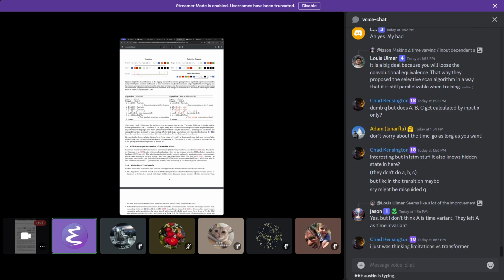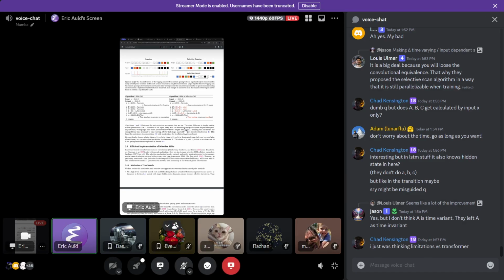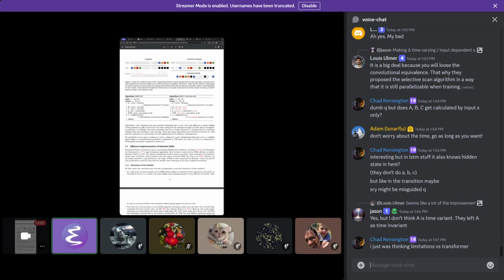So the time variance can be seen from this parameter L here. In B and C, we've got this parameter L that's coming along, which means that the B at each time step can change. As we recall, B and C and A are all involved in the evolution of the H sub T. That was the innovation over the S4 model, which had the same B and C for every time step, and it turns out that was pretty limited.